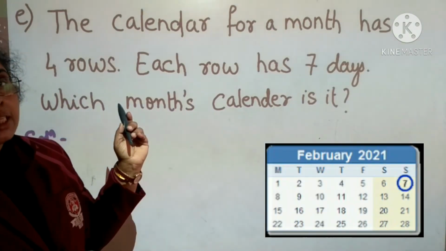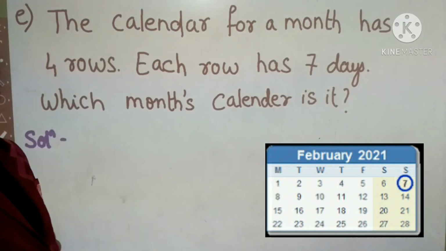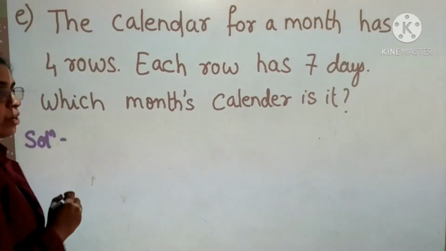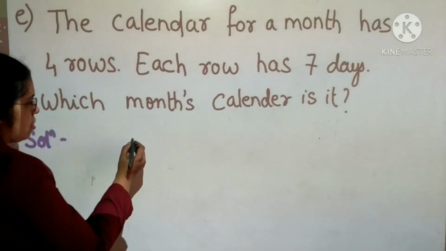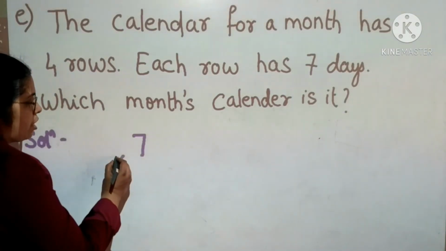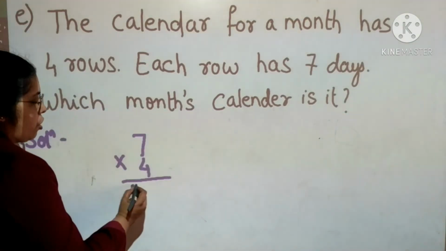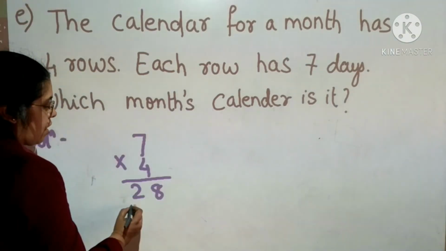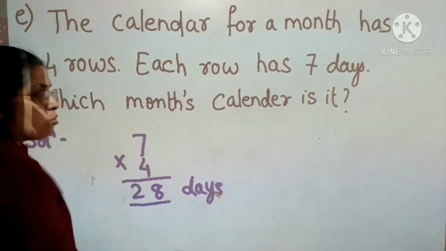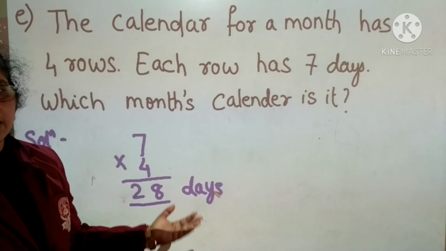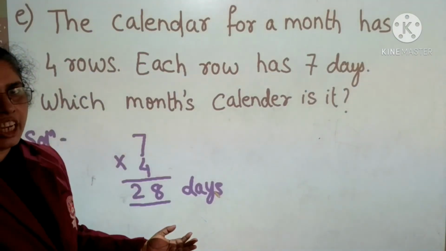And which month it is you have to write. 4 sevens are 28 days. In a year, which month has 28 days? February month has 28 days.